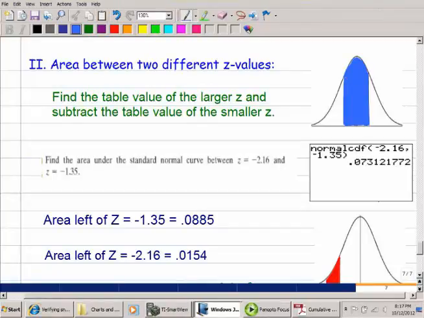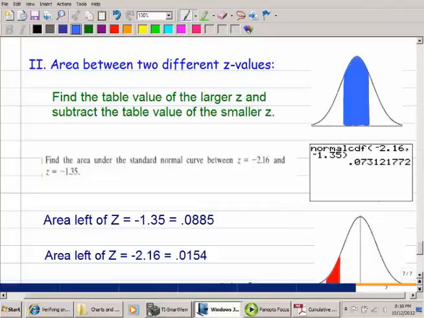Now, one thing to keep in mind here is that these are areas, these are probabilities. Make sure your answer is positive. So if you put the wrong number first and you got negative, you could then realize it's positive. Once again, z's can be negative. Areas and probabilities must always be positive.